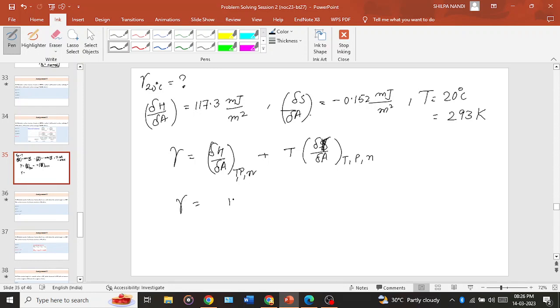Gamma would come as 117.3 millijoule per meter square, plus 293 Kelvin times minus 0.152 millijoule per meter square.